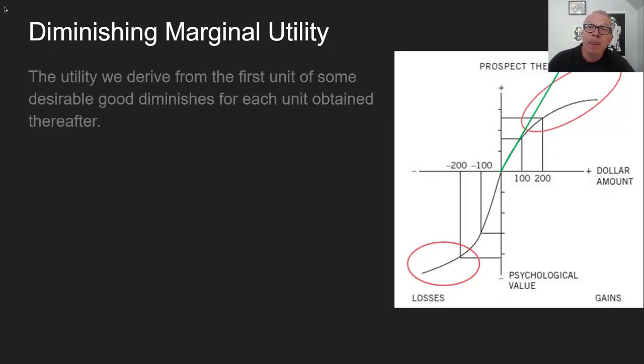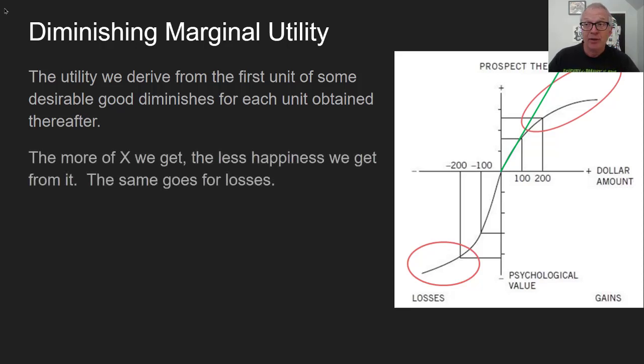Okay. And we've talked about diminishing marginal utility here, so I've got another slide. I've circled now the curve on both of these lines that illustrates this diminishing marginal utility idea. The utility we derive from the first unit of some desirable good diminishes for each unit obtained thereafter, and the same goes for losses.